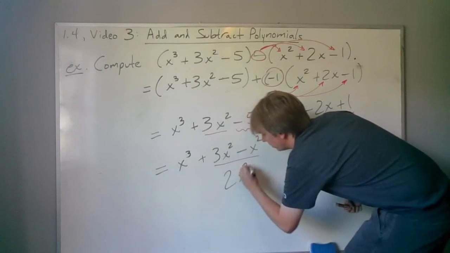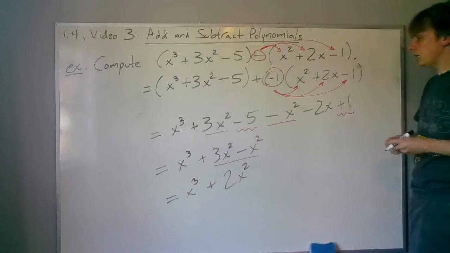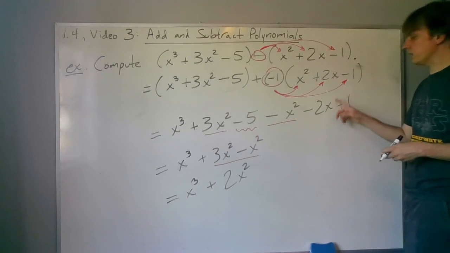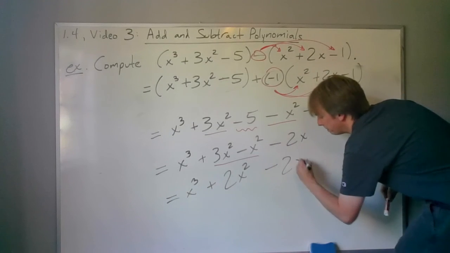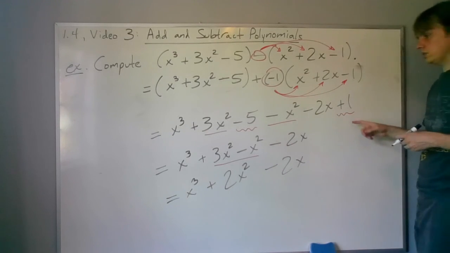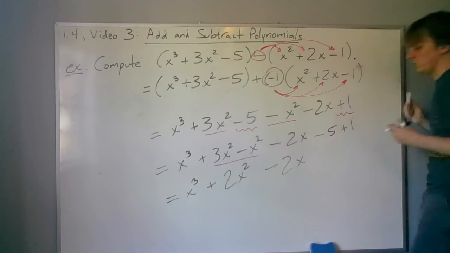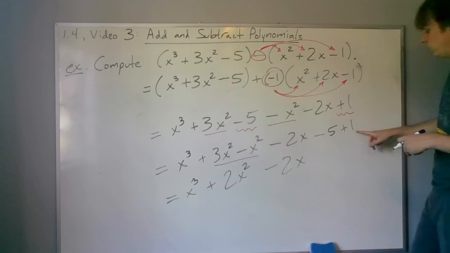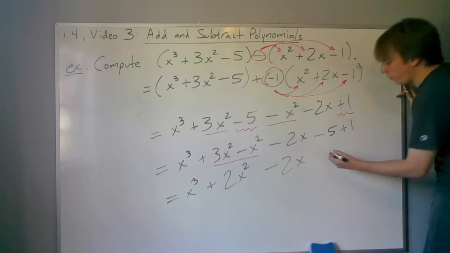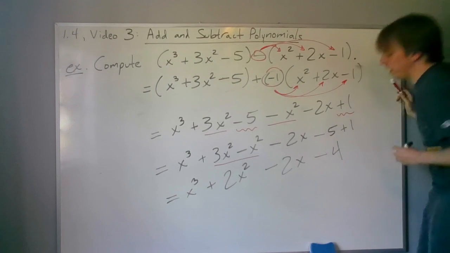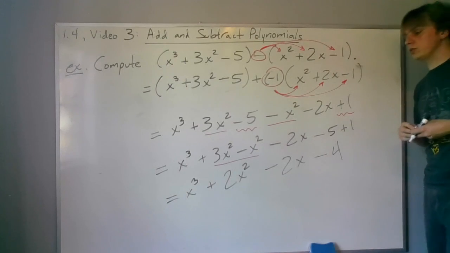Jump straight to 2x squared. Okay, let's see, next in order would be x to the first. Our only x to the first is minus 2x. And our constants, I haven't written down yet, -5 plus 1. So if we have a $5 debt and we pay $1, then we now have a $4 debt. So take away $1 of our debt. So this would be the answer for subtracting those two polynomials.